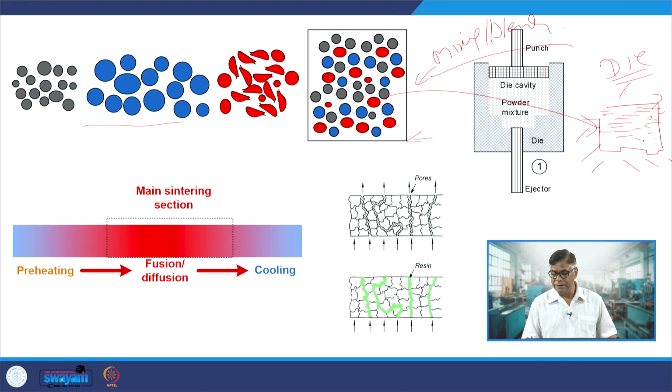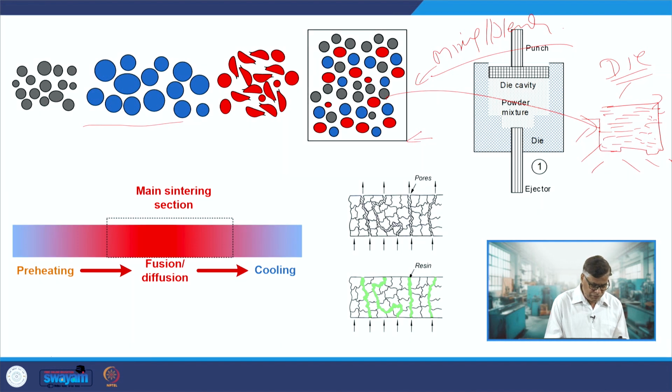If the flowability is very high, it will fill in very less time, otherwise it will take long. Another aspect is that powders with a low flowability may not be able to fill thin and complex geometrical cavities. Okay. So, that can be a problem, especially for powders with low flowability.